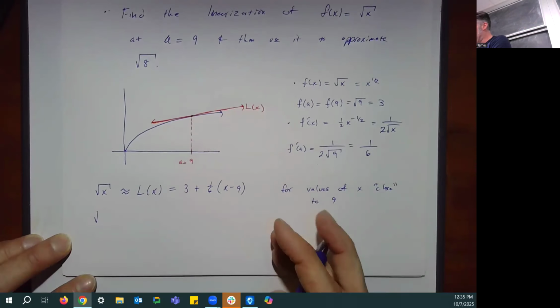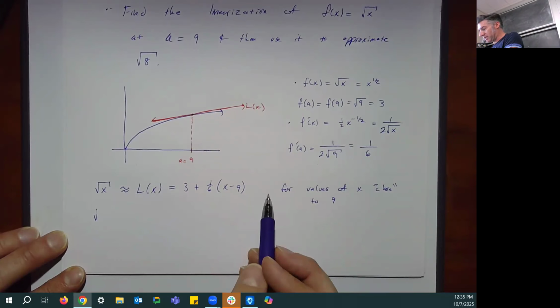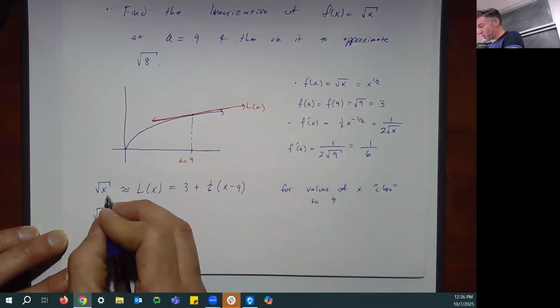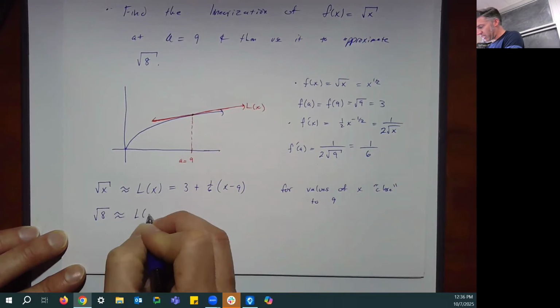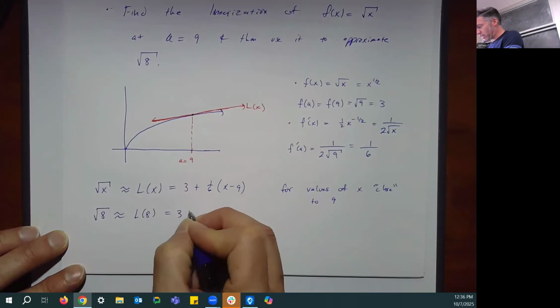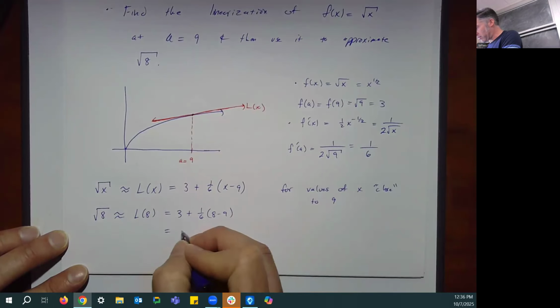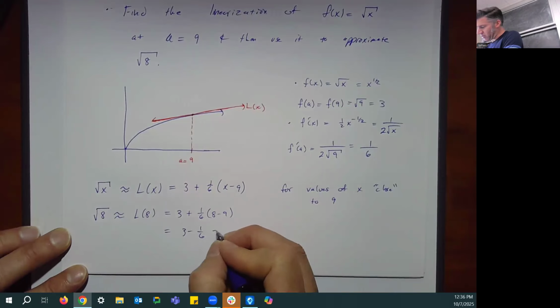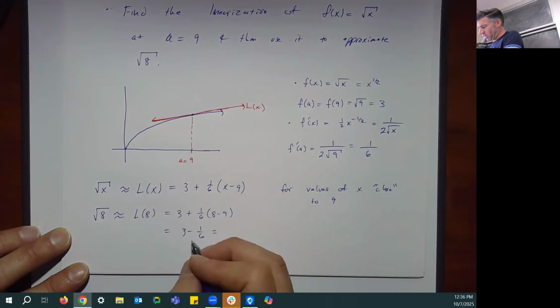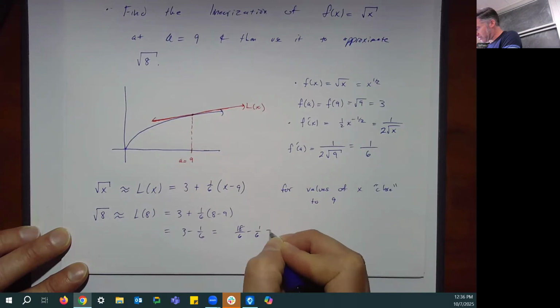But here, what we're going to say is, the square root of x is approximately the linearization of x, which is this. So we substitute in 8 for x and say the square root of 8 is approximately L of 8, which is 3 plus 1/6 times 8 minus 9, which just ends up being 3 minus 1/6. You could write that as a fraction, although I find it less helpful usually. That's 18/6 minus 1/6, which is 17/6.